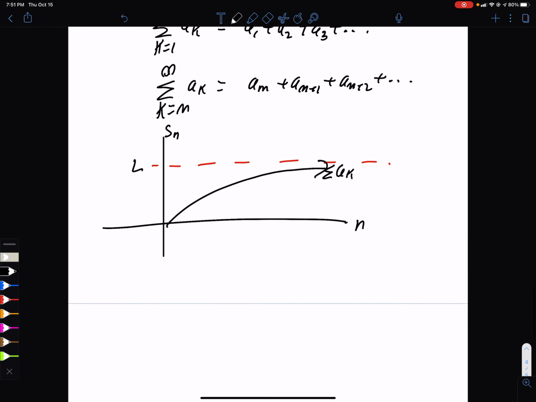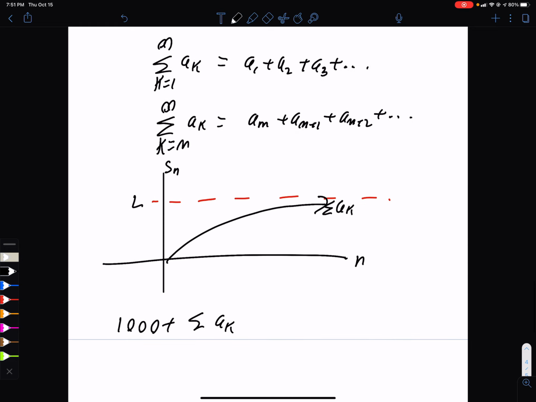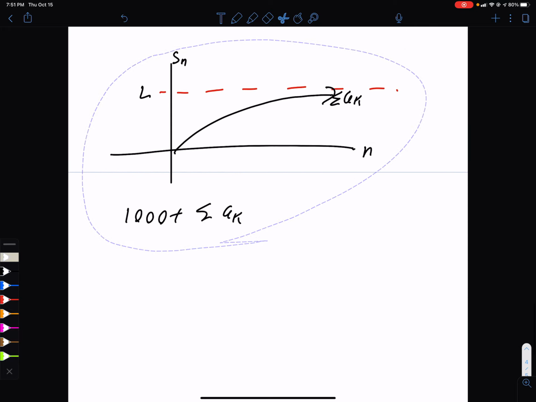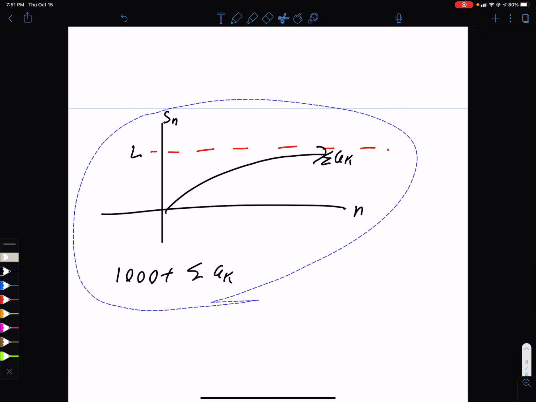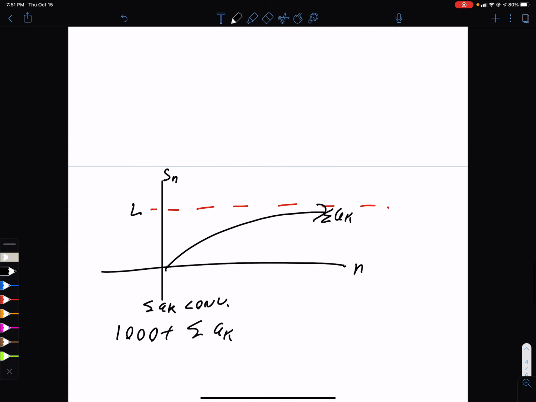That's the series. So take this series, and what if I add 1,000 to that series? Now think about what happens. I'm going to lower this. I should have given myself some room. If I add 1,000, so A sub k converges. Now I add 1,000. What's that going to look like?